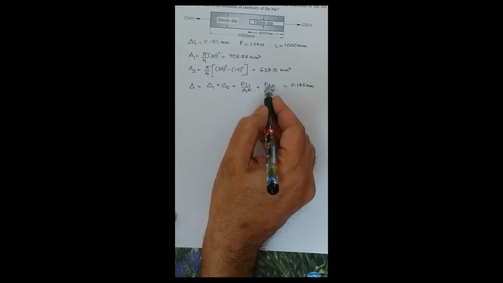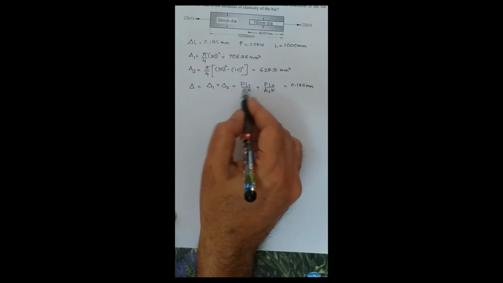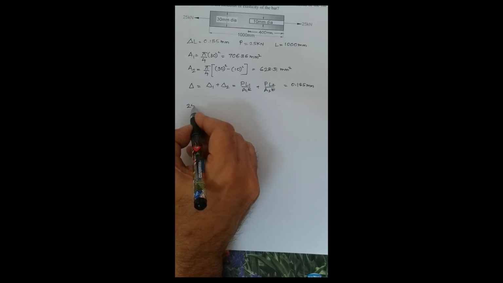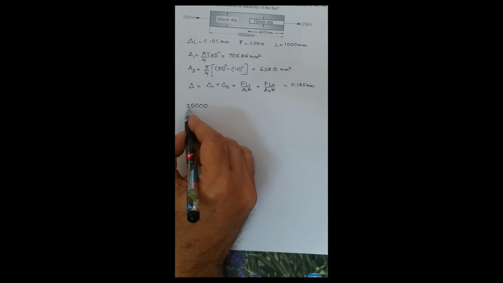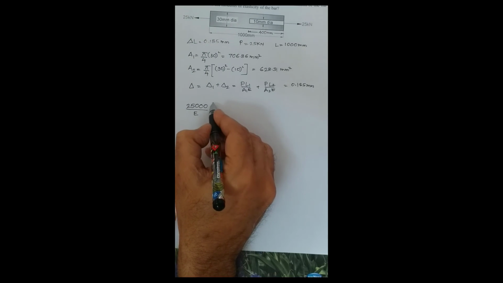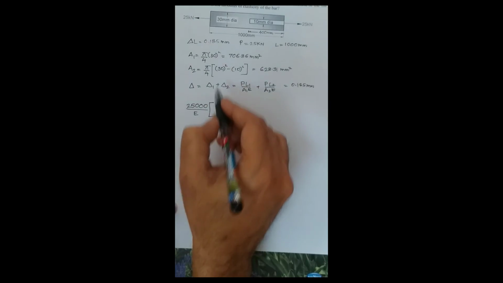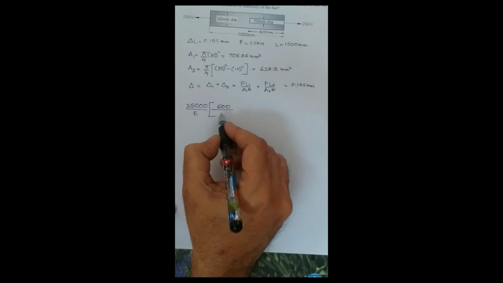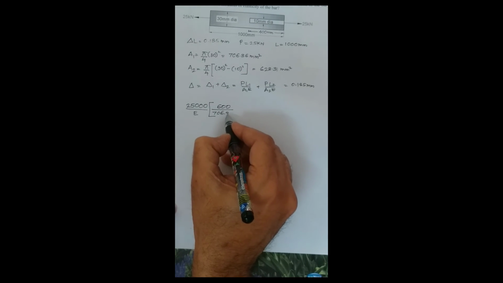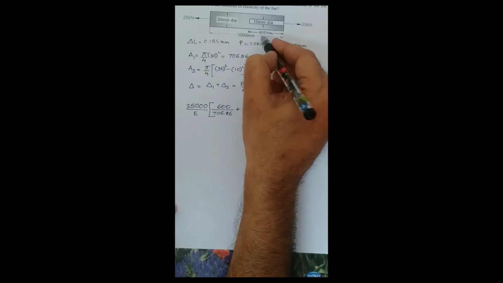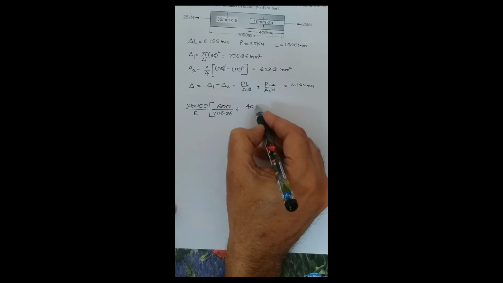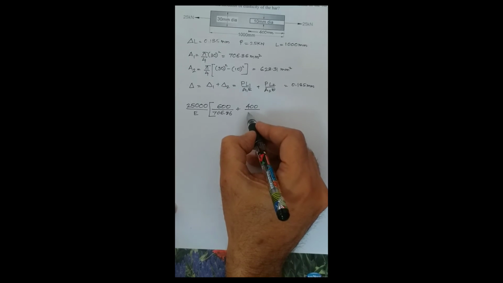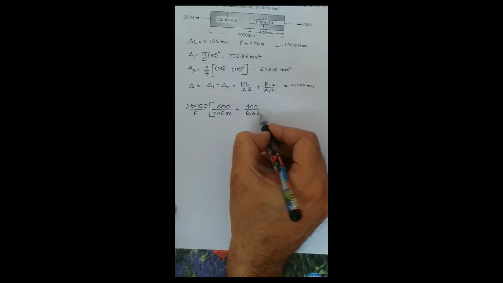P is common and Young's modulus is also common in both the terms, so I will take it outside. P is 25 kilonewton, that is 25,000 Newton, divided by Young's modulus E, then L1, first portion length 600, divided by area 706.86, plus second portion length 400 divided by A2, second area, 628.31.